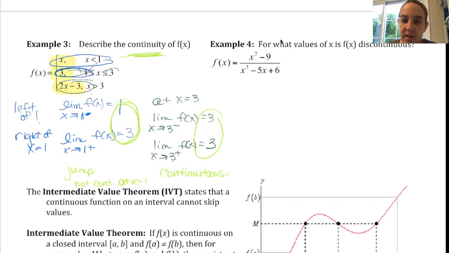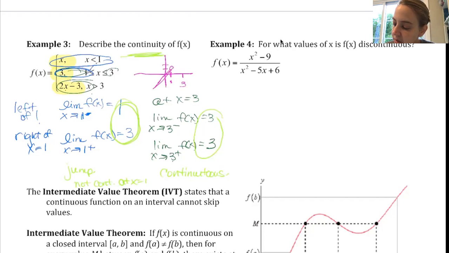The other thing that you can do with this is graph this in your calculator or by hand. I know that some of you are experts at graphing piecewise functions in your calculator from pre-calc. You had some pretty awesome pre-calc teachers. If I look at 1 and I look at 3, f of x equals x looks like this.